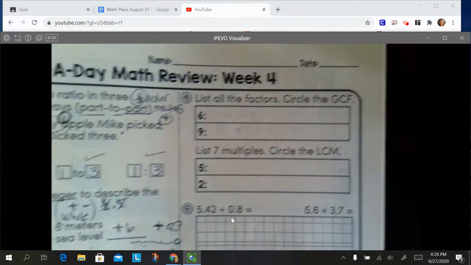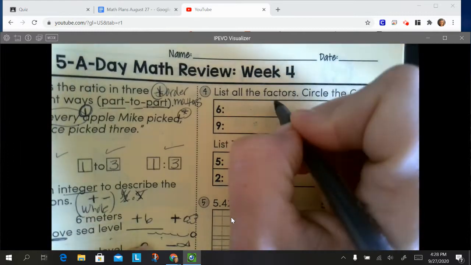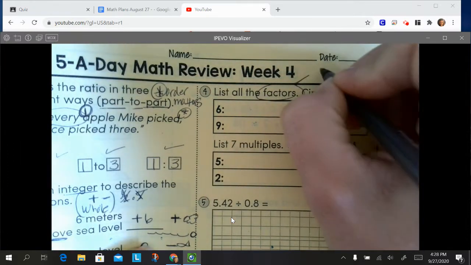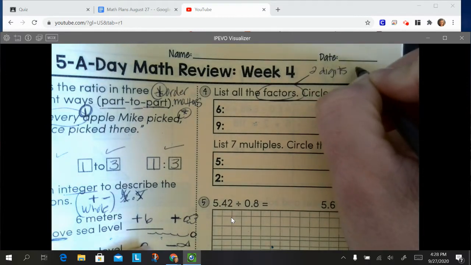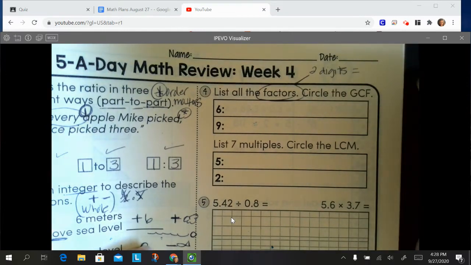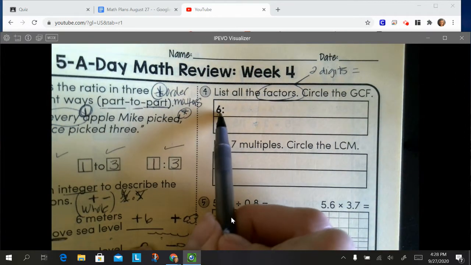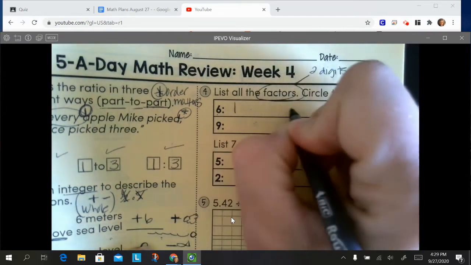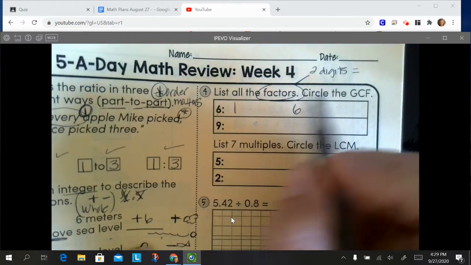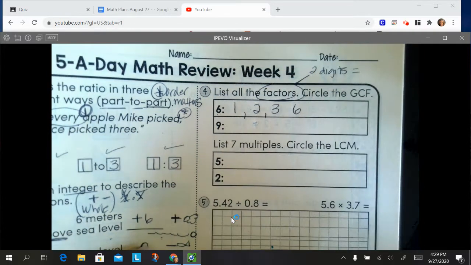All right, next one. It says list all the factors, circle the GCF. If they want all the factors, those are the 2 numbers that multiply to make an answer. Think about an answer of 6: 1 and 6 multiplied together give you 6. Remember, 2 and 3 also give you 6.